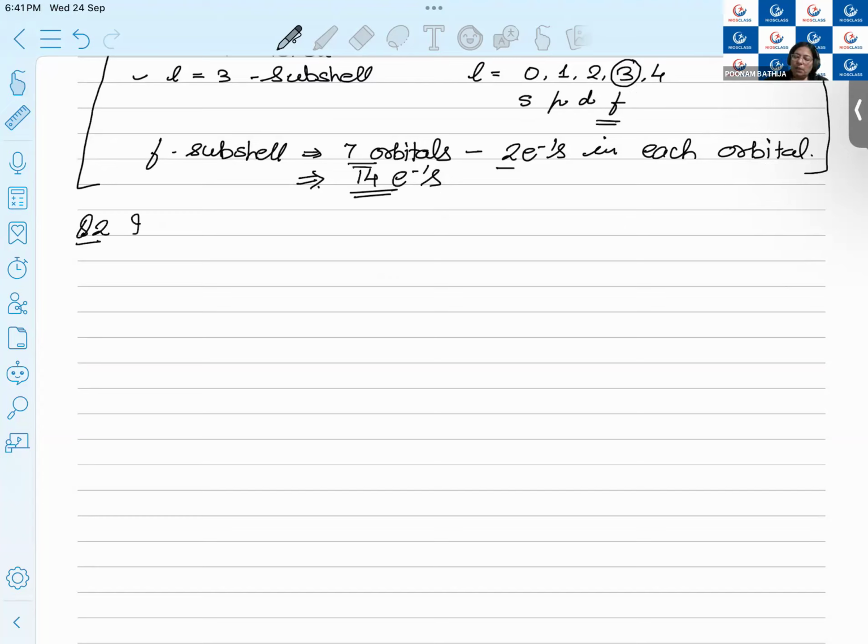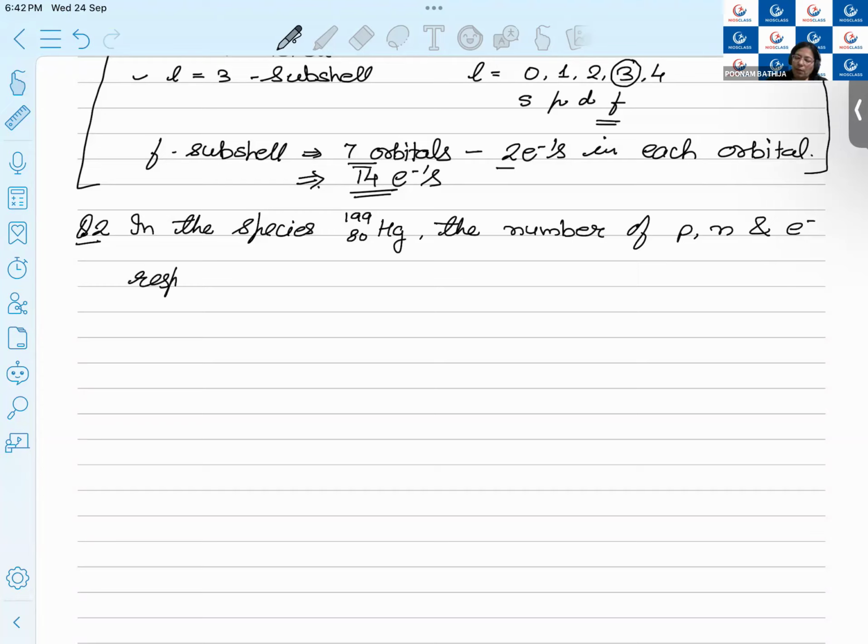In the species 199 upon 80 Hg, the number of protons, neutrons, and electrons, respectively, are.